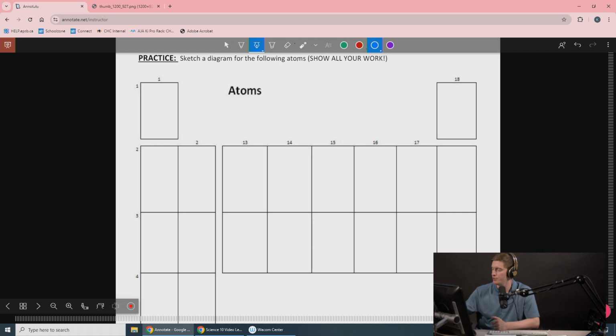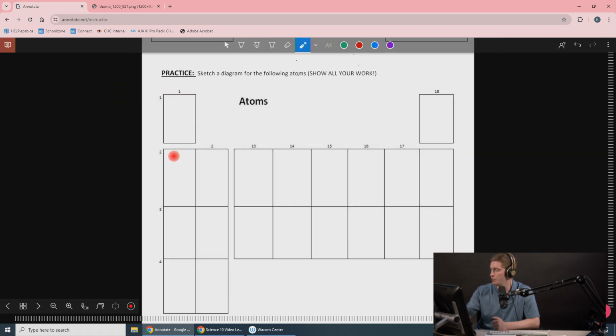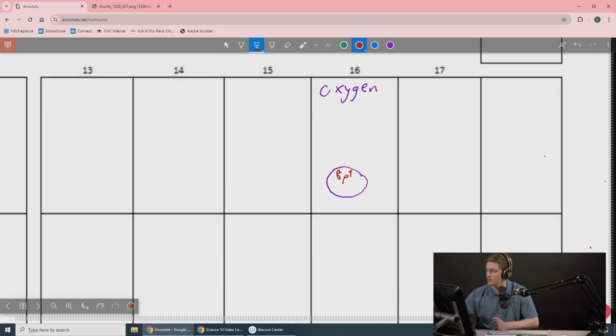Here's a periodic table. We skip over from groups 2 to 13, so we skip over the transition metals. They're not present in the first 3 periods anyways, but you can draw Bohr diagrams for these. For example, if you were going to do oxygen, which is in group 16 and period 2, you would draw a circle for the nucleus.